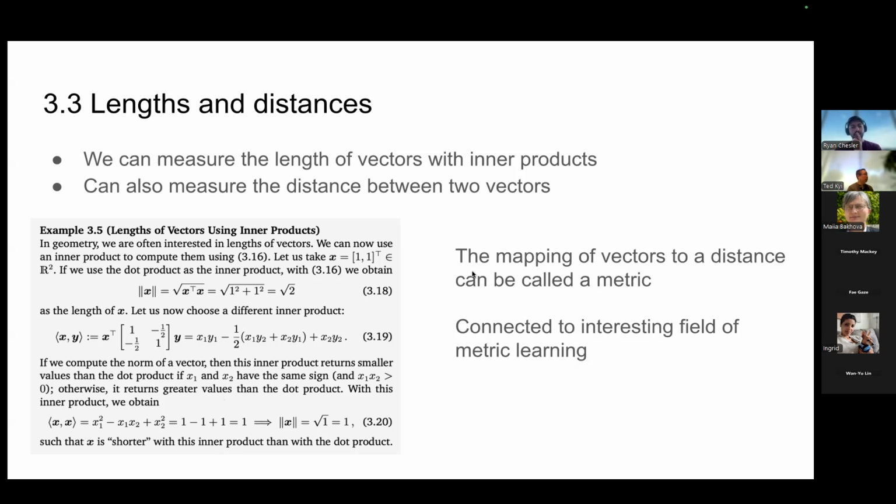One of the things they mentioned in this part of the chapter was that this mapping of vectors to distance can be called a metric. This is an area that I've been working in more recently. We talked, I don't know if it was last week or 2 weeks ago, about finding the layout of the Coke drinks and then figuring out what the drinks actually are.